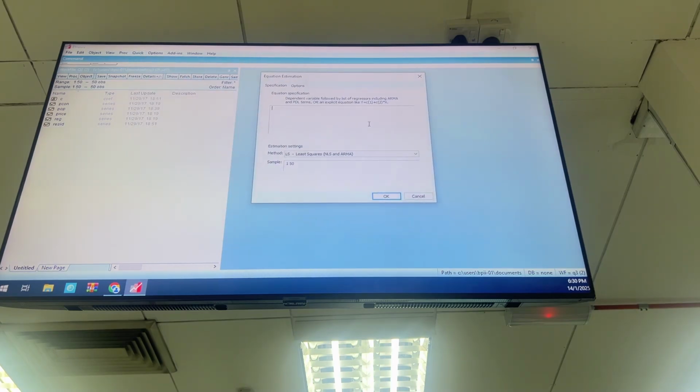We have dependent variable ECON, and we have C. REG, sorry, we have the price first, price, according to the given question, price and REG.